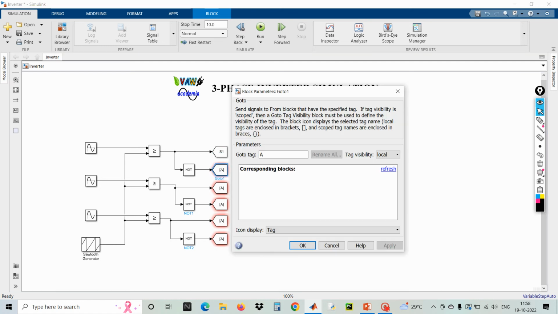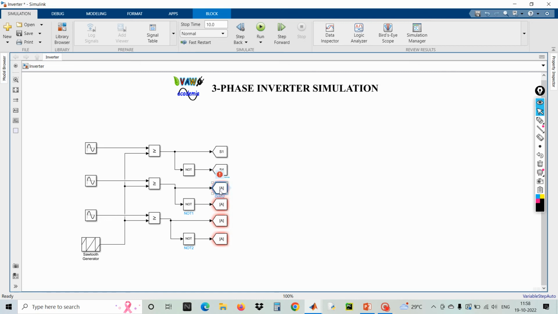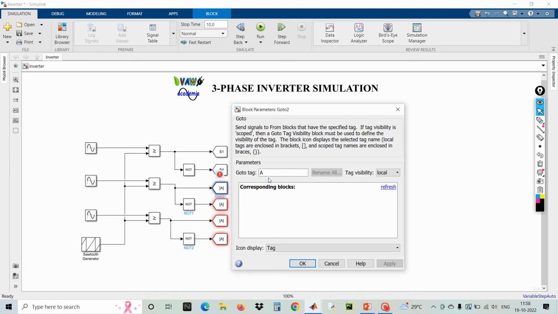Similarly, the invert of S1 is S4. The second set of signals is S3 and S6.